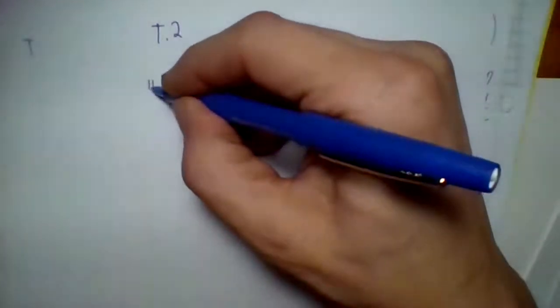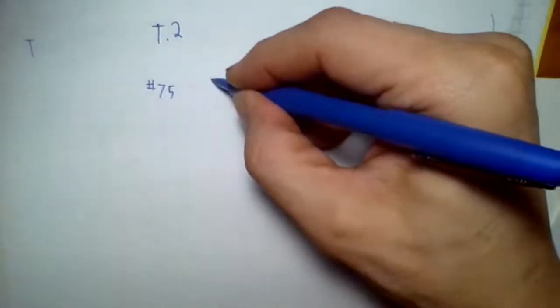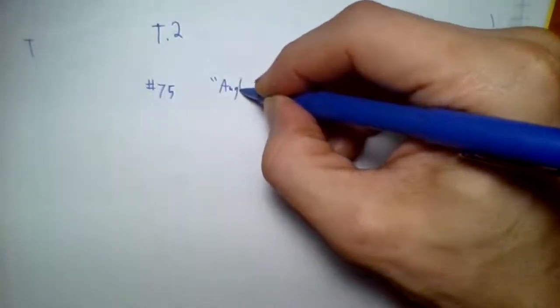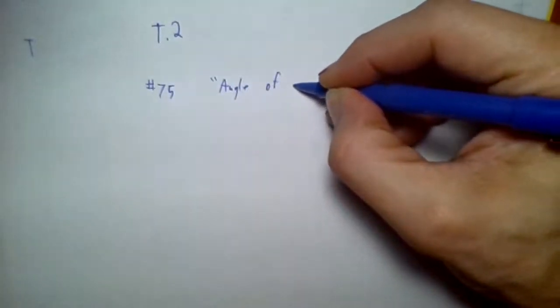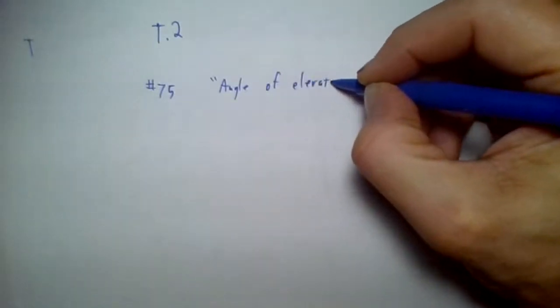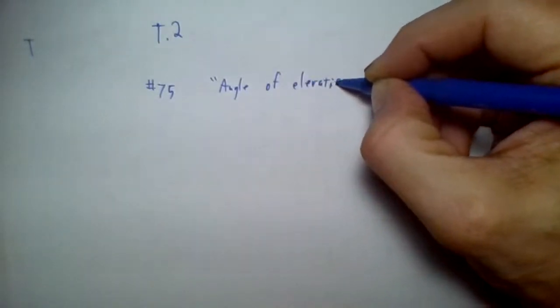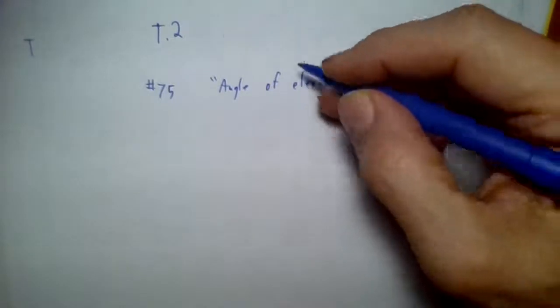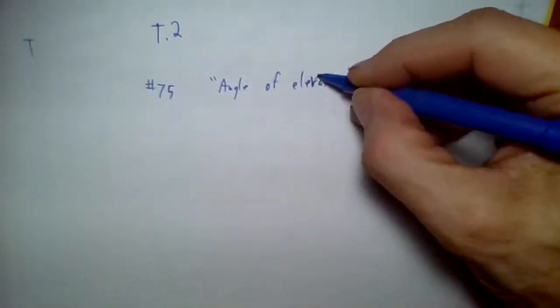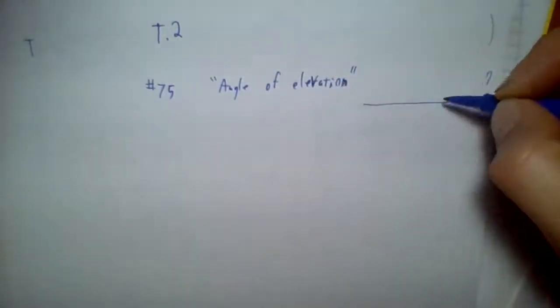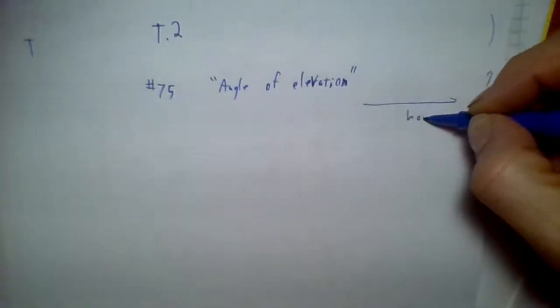Number 75 in this section talks about angle of elevation. Elevation is how high something is, and the angle of elevation, when you see that word, that means it's an angle measured from the horizontal.